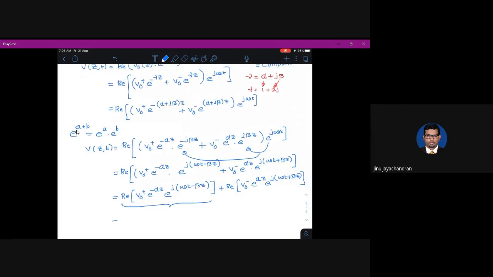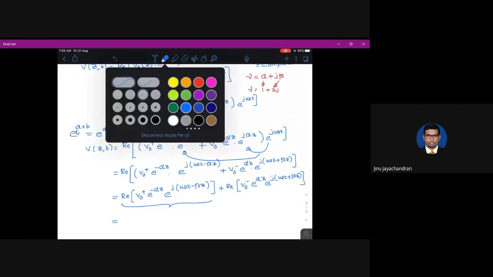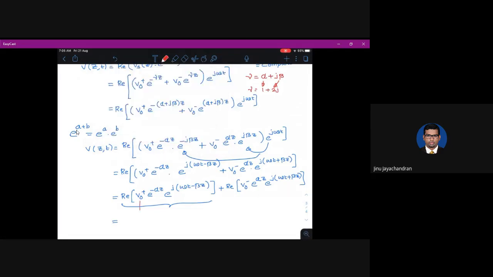So what is this term? This is basically e raised to j theta is cos theta plus j sin theta. E raised to alpha z is real, so this is a constant which is real. This is also real because we said alpha is real. But this part is a complex term, which has real and imaginary part. The real part is cos.